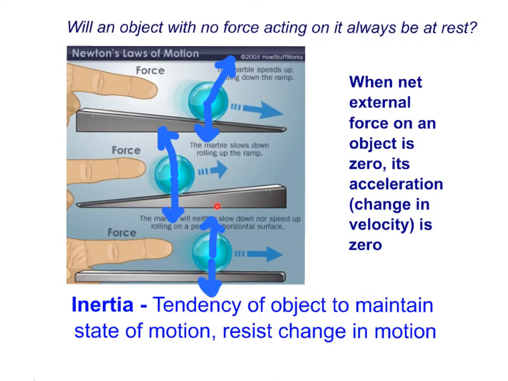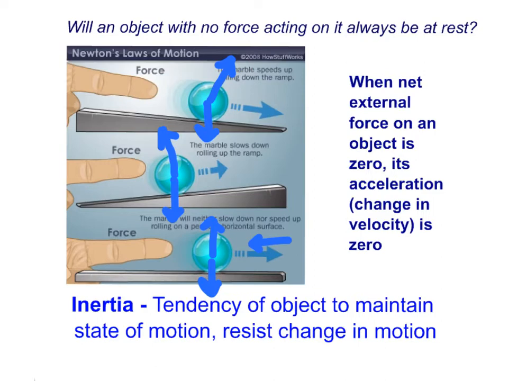So we do not have any changes in the net force in the vertical direction. If this ball were already in motion and there were no friction involved, the friction would obviously be going this way. If there were no friction, however, then this ball on the bottom would continue to move forever. Its velocity would not change.